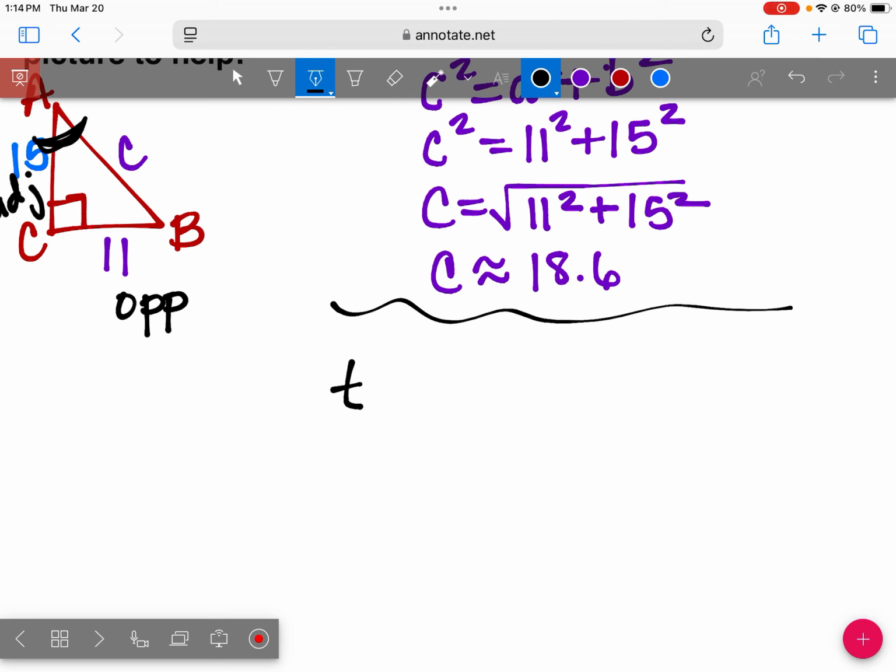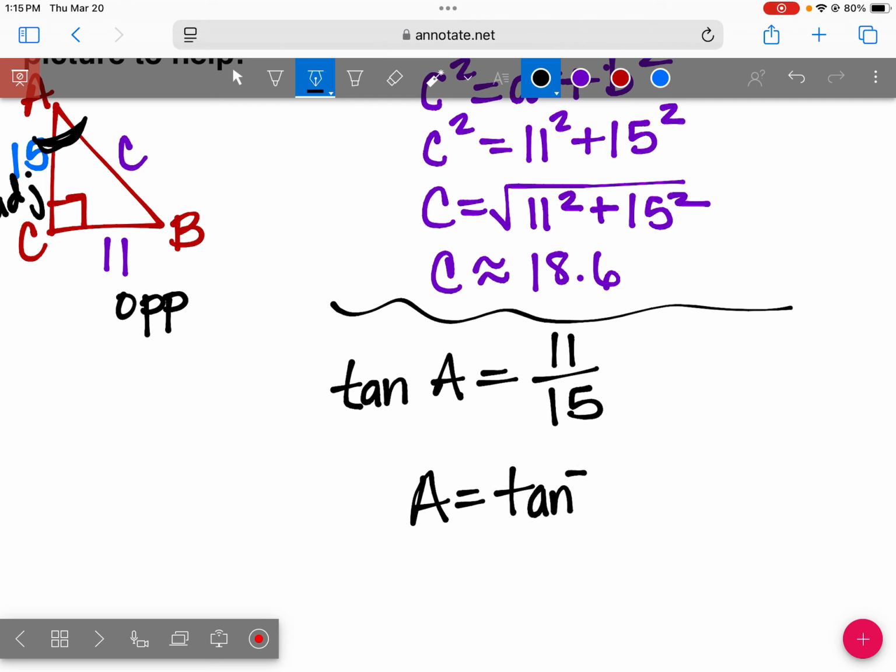So tangent of angle A is opposite over adjacent. And if you go back to what I said at the beginning, if you're looking for an angle, you have to use the inverse. So A equals the inverse tangent of 11 over 15.